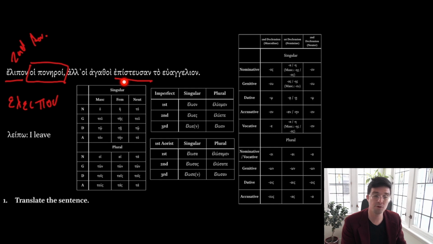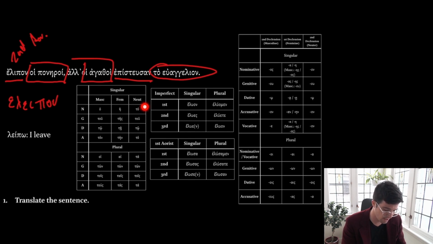So we need to figure out who it was that believed, the they. And it's going to be here with our nominative masculine plural hoi agathoi. Once again, we have a substantival adjective. The adjective agathos in the nominative masculine plural is the noun itself. So the good ones believed. And then the object of our sentence is to euangelion.